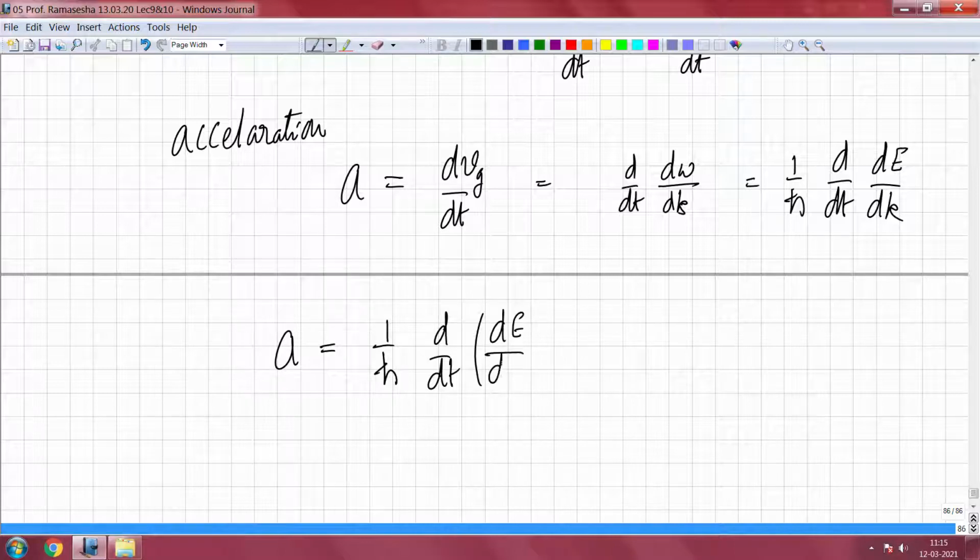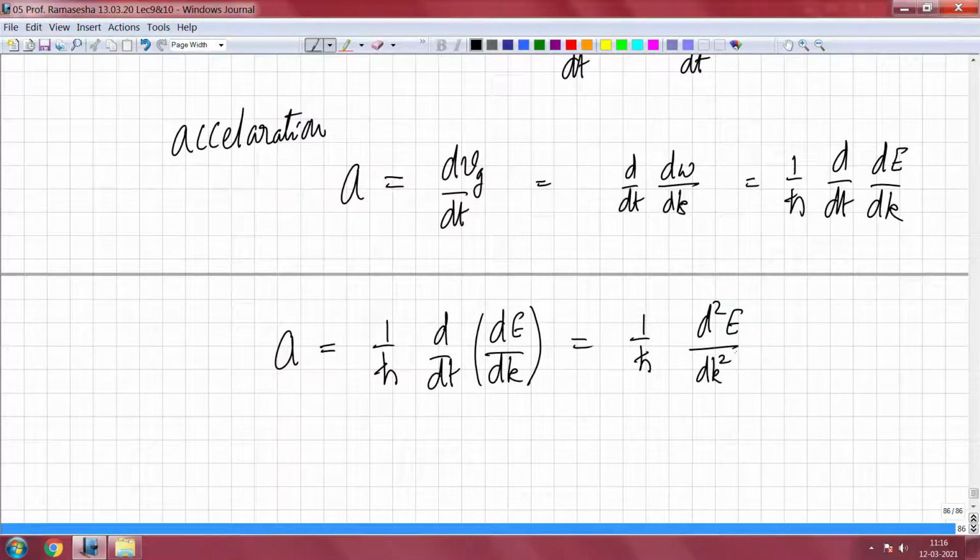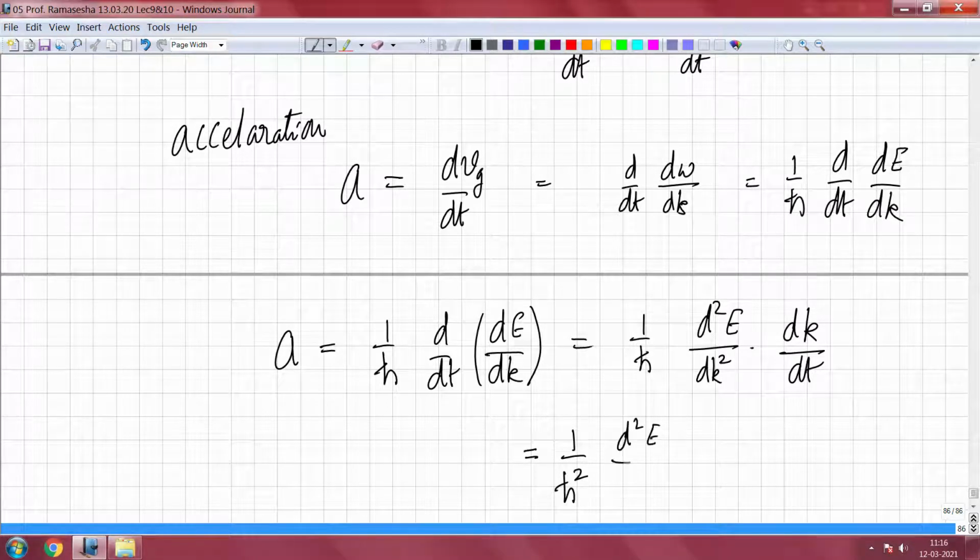or is equal to 1 by h cross d squared E by dk squared into dk by dt, or equal to 1 by h cross squared d squared E by dk squared into d h cross k by dt.